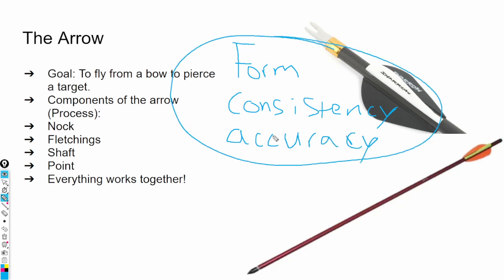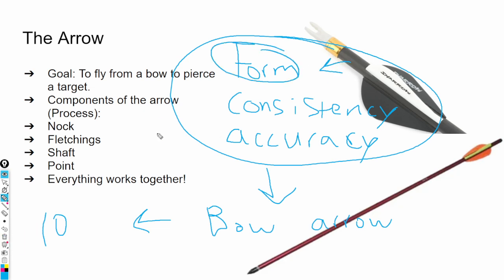So our form works together with the bow and the arrow to get high scores. That is the general idea, but everything works together, everything makes sense, and then you can even deep dive into form by itself and learn about all of the alignment stuff that's happening with our body when we shoot the bow.